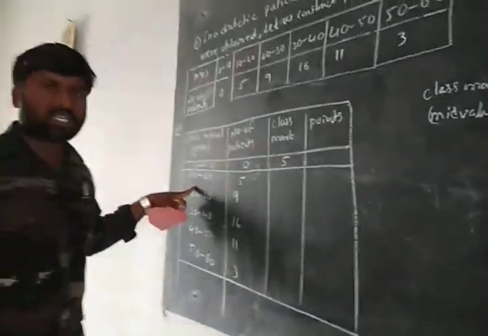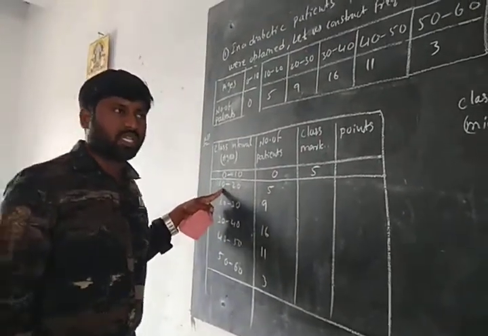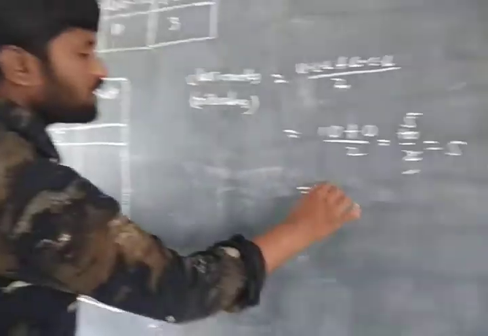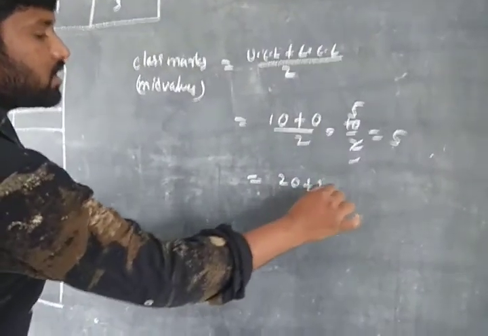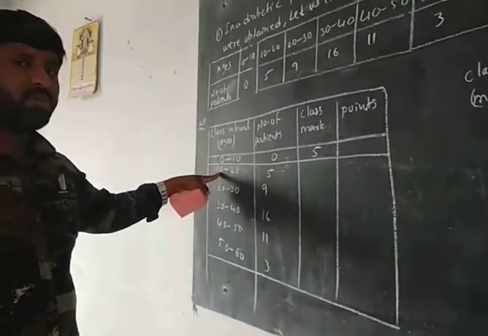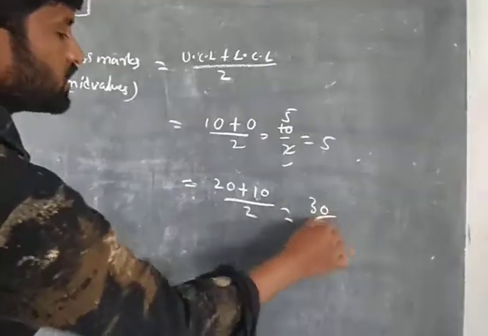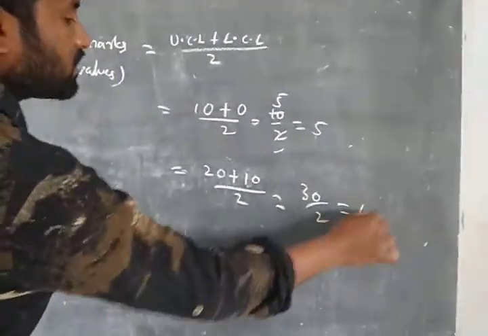Next, coming to the second class, upper class limit is 20 and the lower class limit is 10. Then upper class limit plus lower class limit by 2: 20 plus 10 is 30, by 2 means 15.